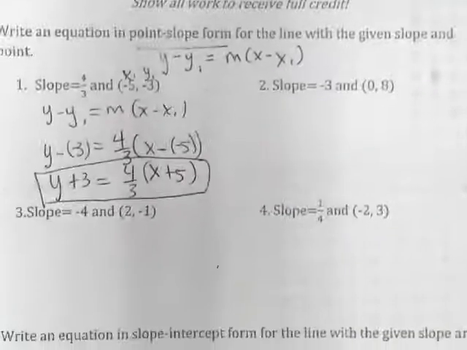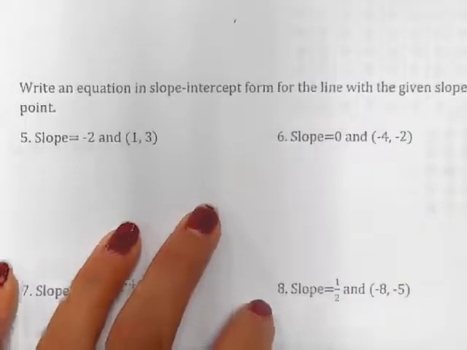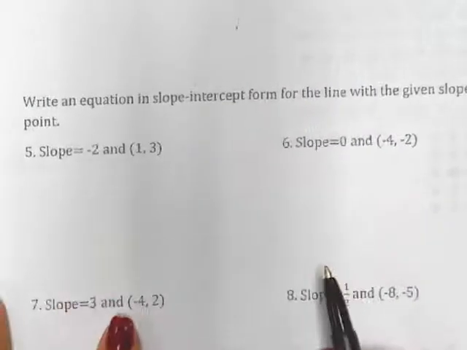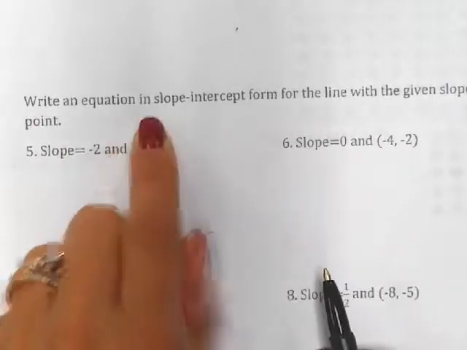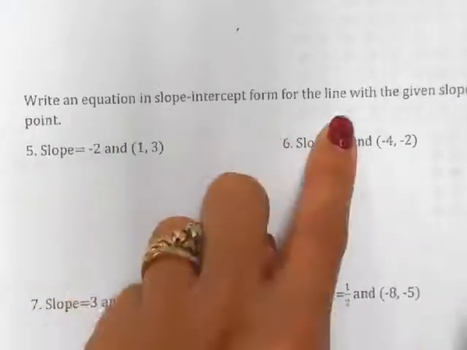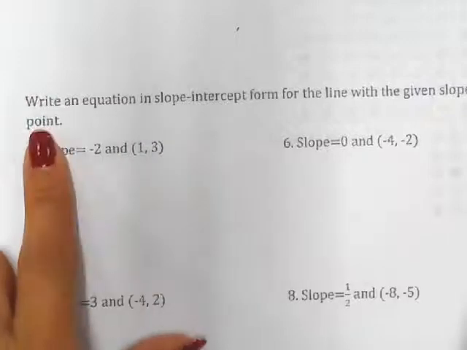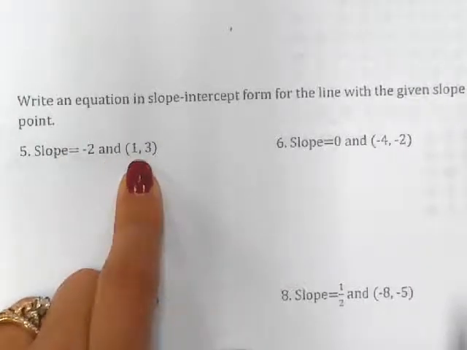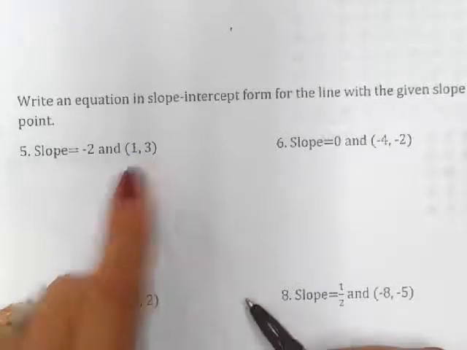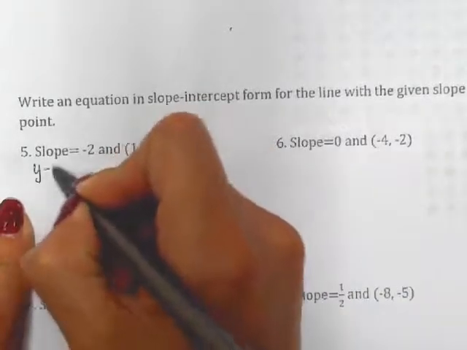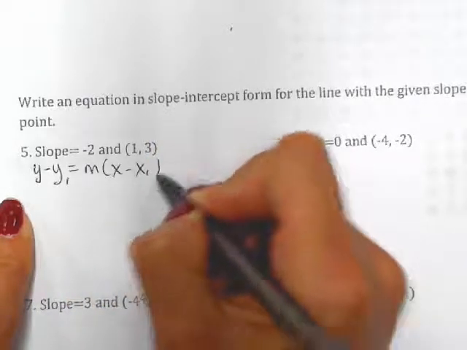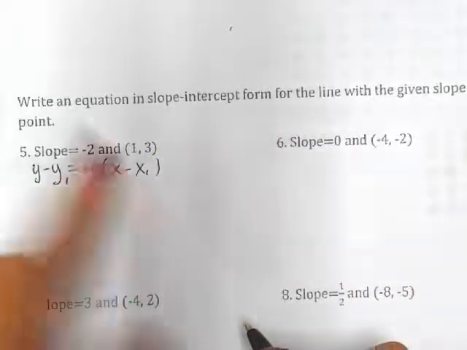On number 5, you're going to do the same thing, 5 through 8. You're going to start the same way, but you're going to have to go an extra step because it says write an equation in slope-intercept form for the line given the slope and the point. So they give us a slope and a point, so we're going to start with the point-slope formula, y minus y1 equals m(x minus x1), just like we did in 1 through 4.